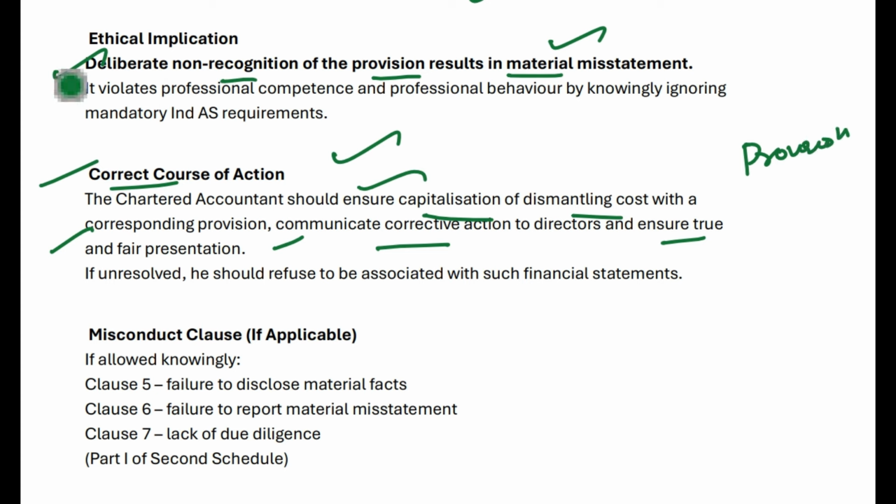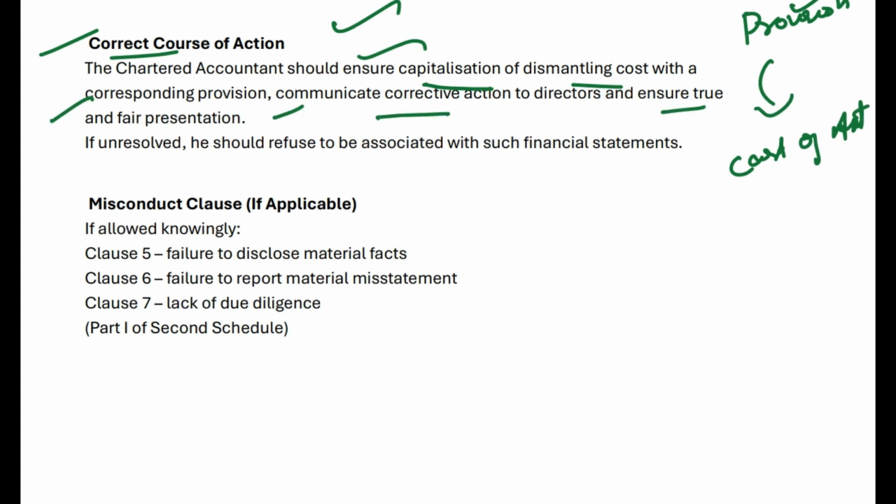Okay, so if we create a provision, that provision should also be added to the cost of the asset, right? So if you know chapter 16, Ind AS 16, then you can easily understand this concept. Okay, so you have to capitalize the dismantling cost along with the corresponding provision, and you have to communicate the corrective action to the directors, and also you have to ensure the true presentation.